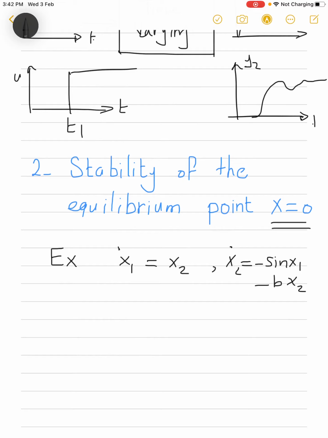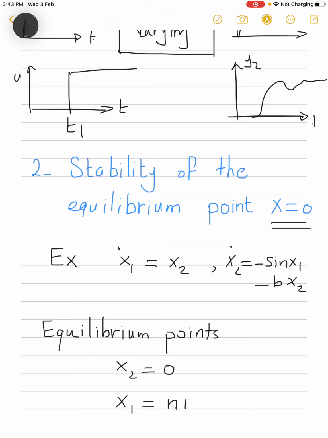If I would like to find the equilibrium points of the system, we know that they will correspond to x2 equal to 0 and x1 equal to n pi, where n takes the value 0, plus or minus 1, and so on.